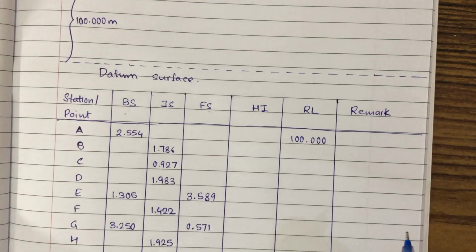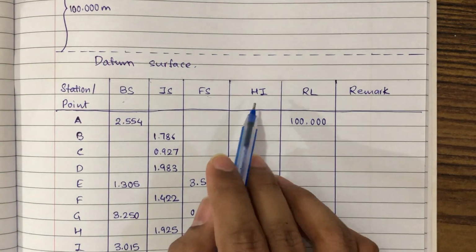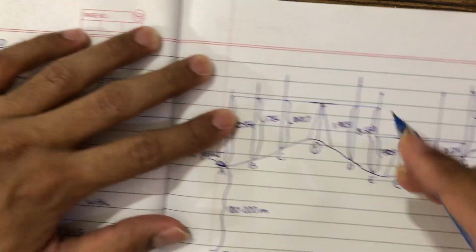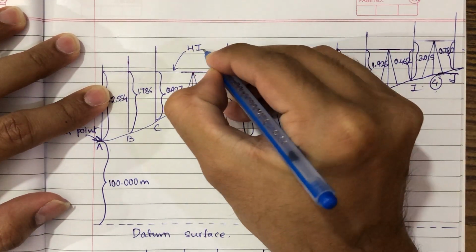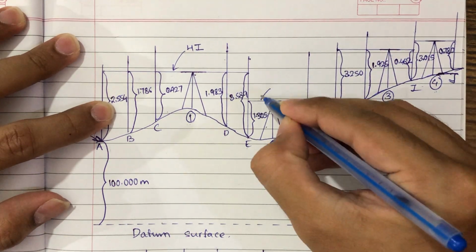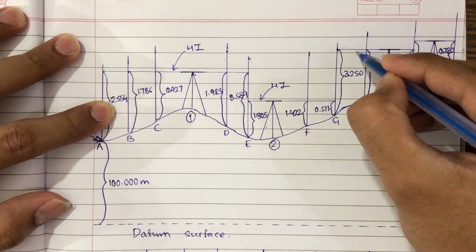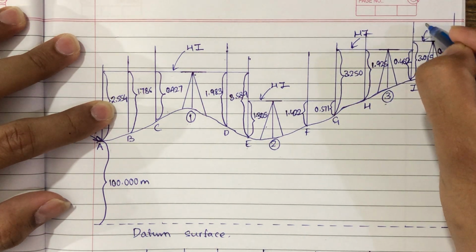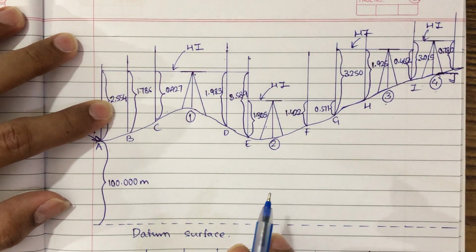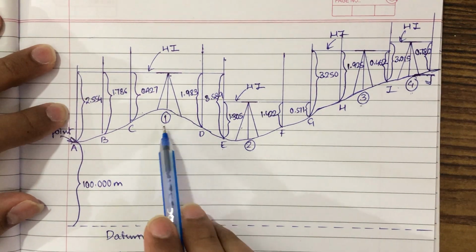Now we need to find the height of instrument. You can see all these are the height of instrument at various positions. How many positions of the instrument are there? There are 4: 1, 2, 3, 4.